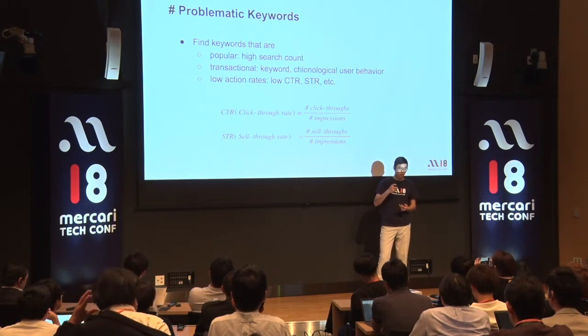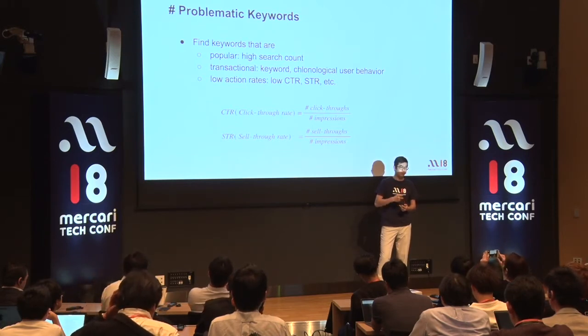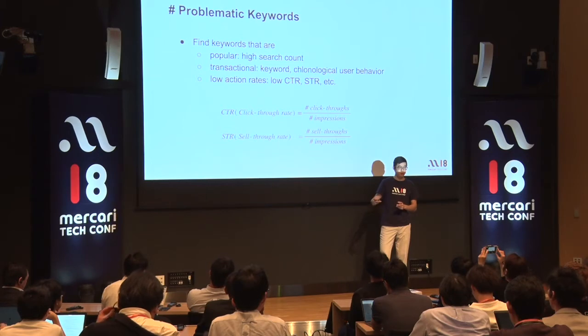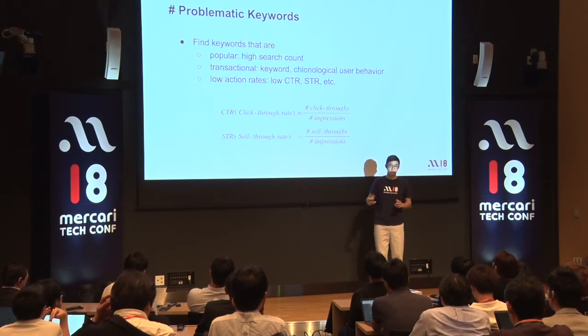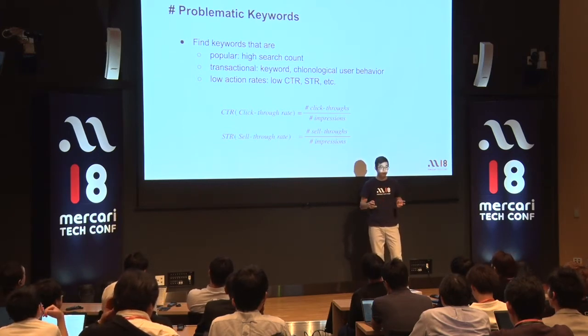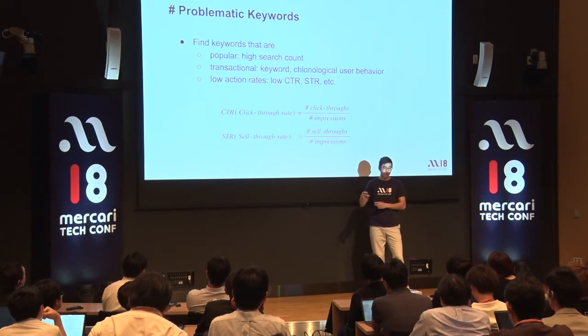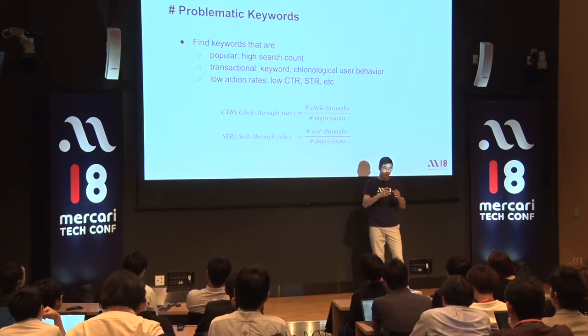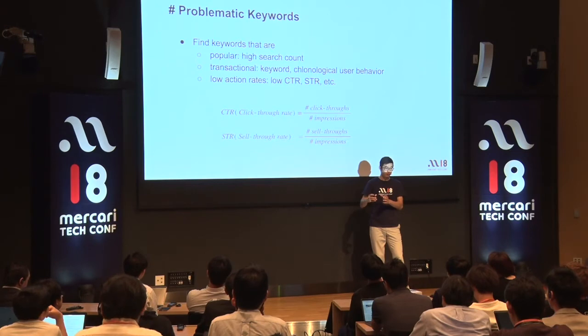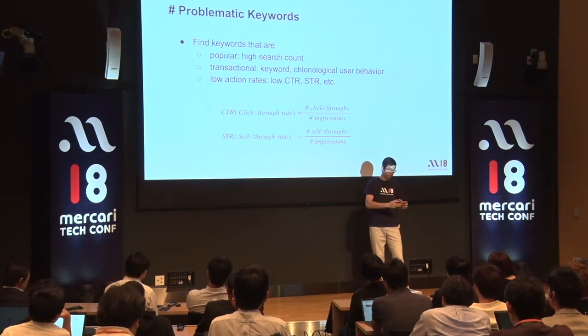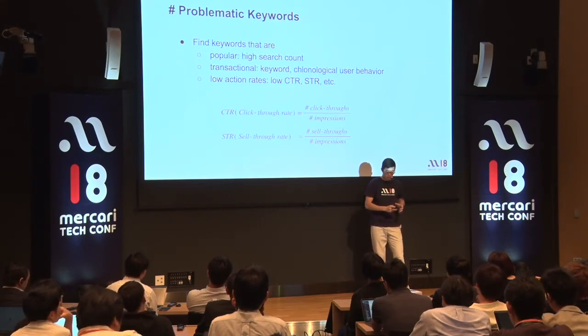And finding transactional keywords is rather hard, but we can do it by looking at the length or the specificity of the keyword. So when the keyword is longer and more specific, it is more likely to be a transactional keyword. And also, we sometimes use the chronological user behavior, and that is what other keywords they search with after searching with the specific keyword.